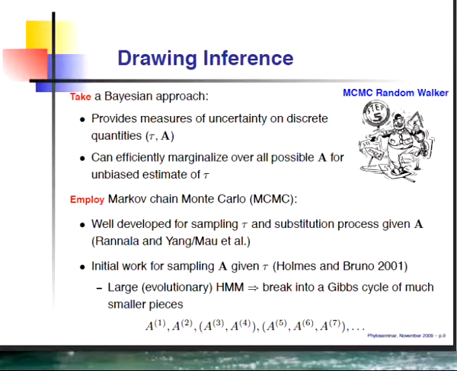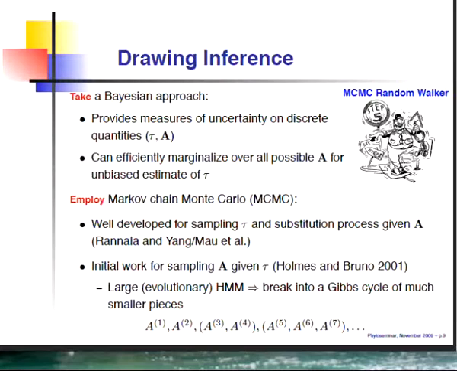Additionally, one nice aspect about a Bayesian perspective here is we can very efficiently marginalize or integrate out the parameters that we're not particularly interested in. For example, you might work in the comparative genomics field where you have a very good idea of what the topological relationship between, say, humans, mice, and rats is, but you might be interested in aligning sequences.